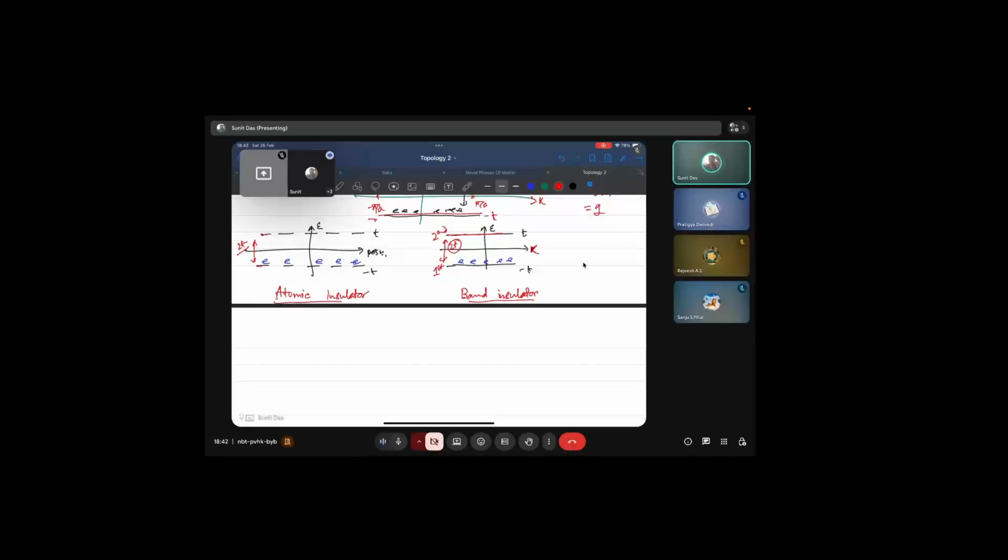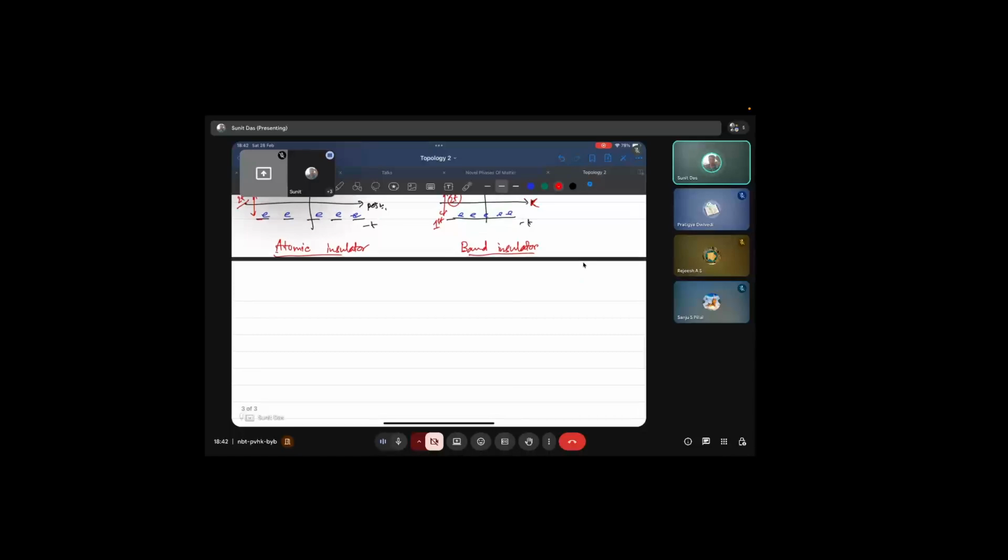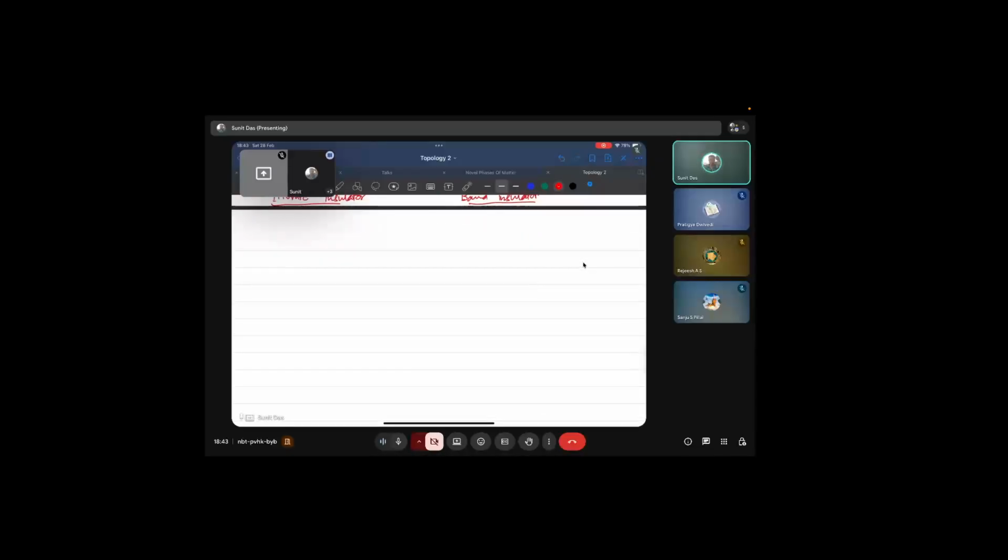Now, what we have done here is that we assume that the hopping t is constant, right? So if you have a Hamiltonian which looks something like this, earlier we had a Hamiltonian of t, minus t, 0.